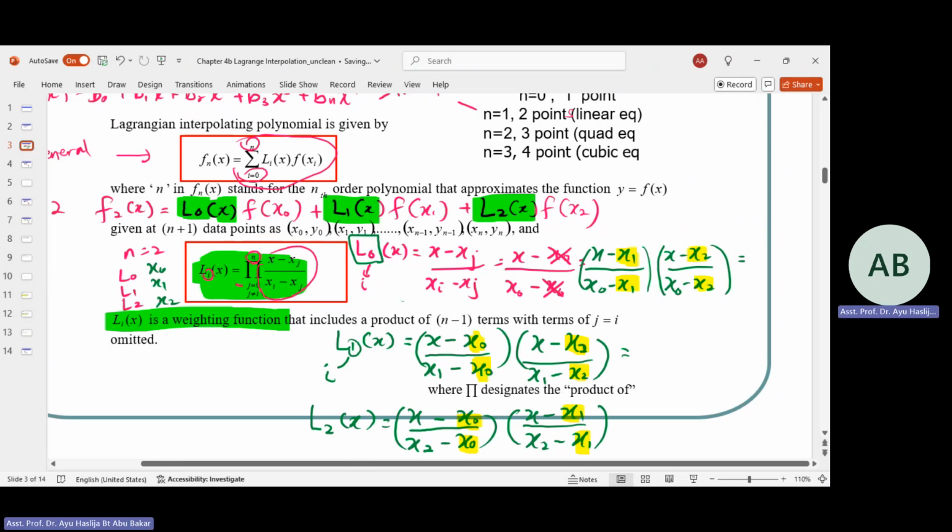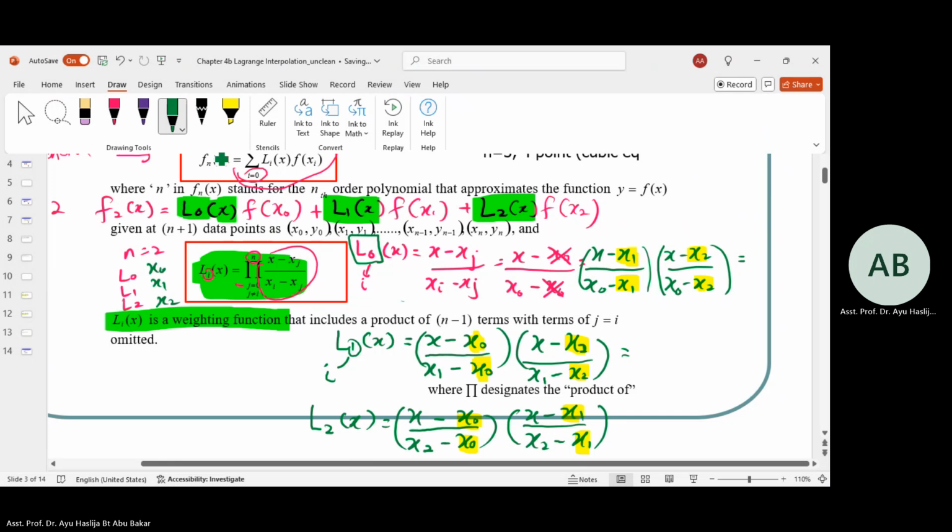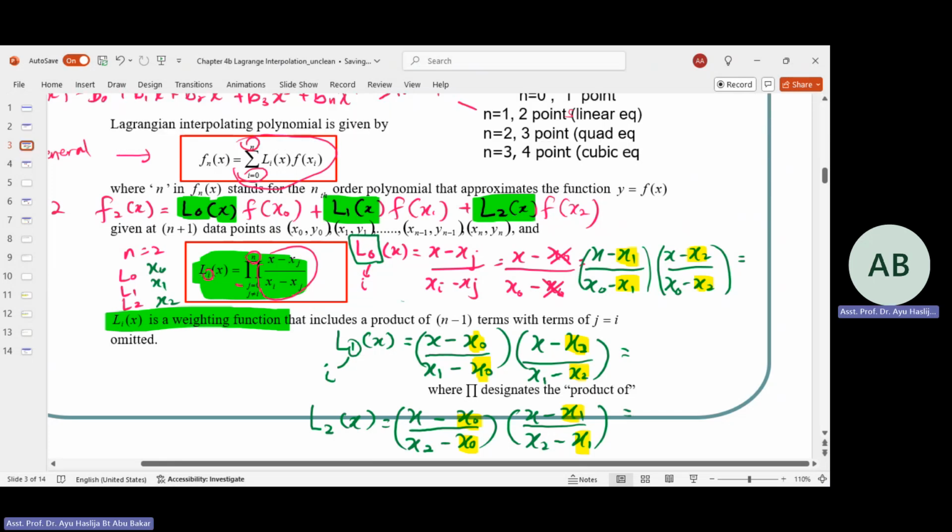That is the Lagrange method to find the weighting function, the L. Different from Newton, the equation is different. It doesn't matter if you have n until 3, you must include all the data points. If n is 3, you must find L3. That is the concept.